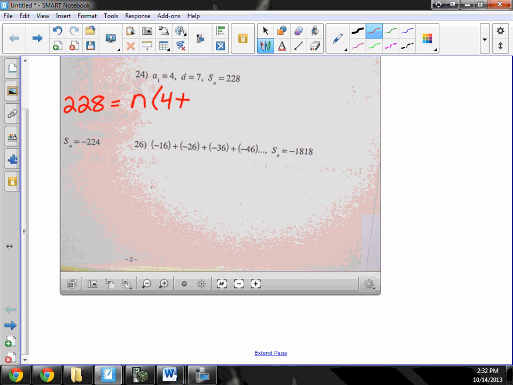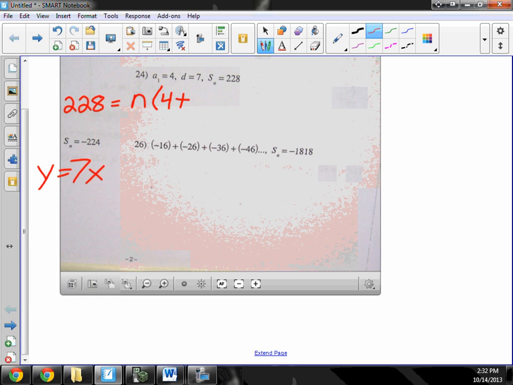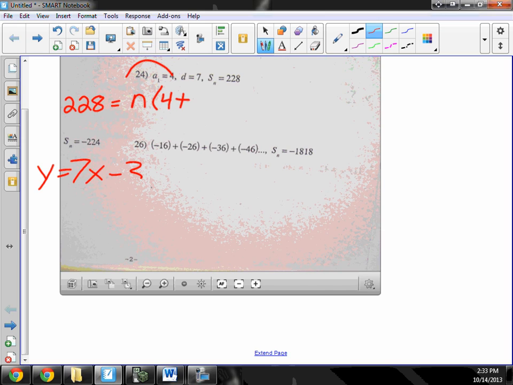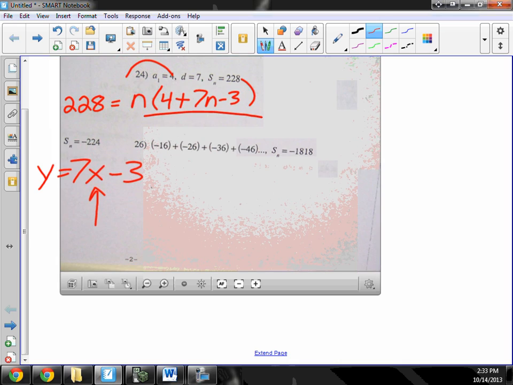Well, I don't know it, but I know that the function is y equals 7x, and then I need to find the y-intercept, and I know at year 1 there were $4, and I'm gaining $7 per year, so if I backtrack 1 year, how much was there? Negative 3. So this is 7x minus 3. What year do I want to know? I'm looking for n years. So I plug in n. So 7n minus 3 over 2.